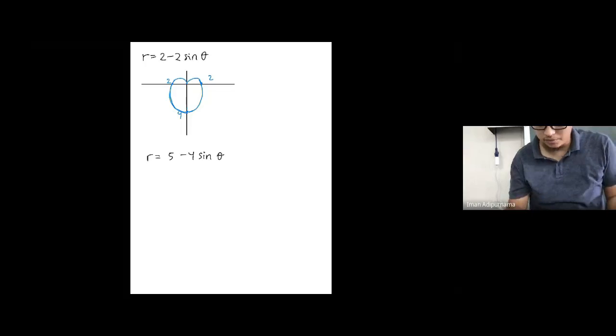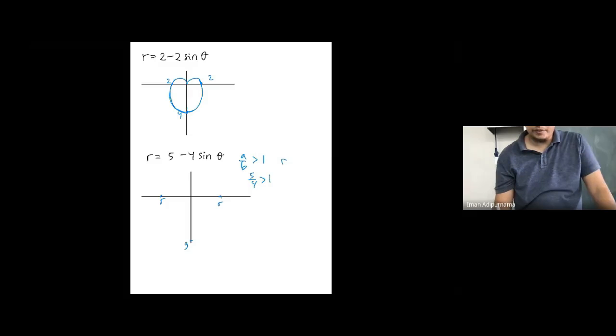So let's draw the, so maybe around here is 9. This maybe 5, maybe 5.